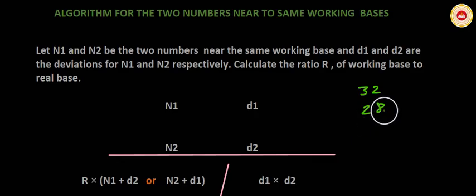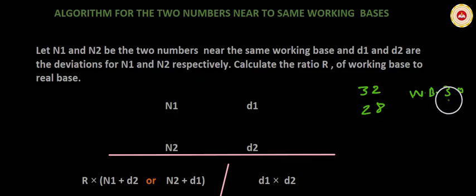Is it 10? No. Is it 20? No. Is it 40? No. It is 30. Obviously it is 30, because 30 is the nearest working base for 32 and 28 as well.